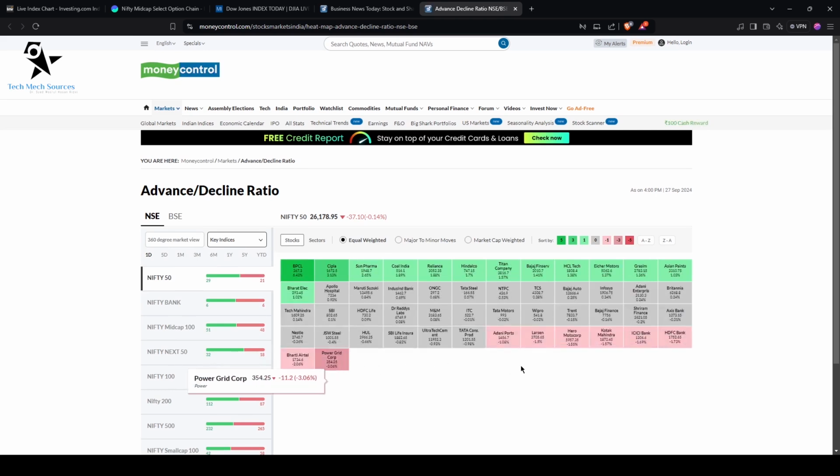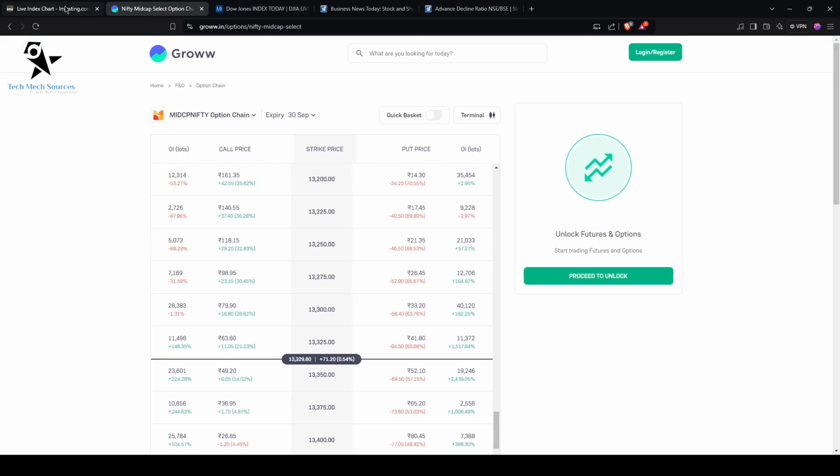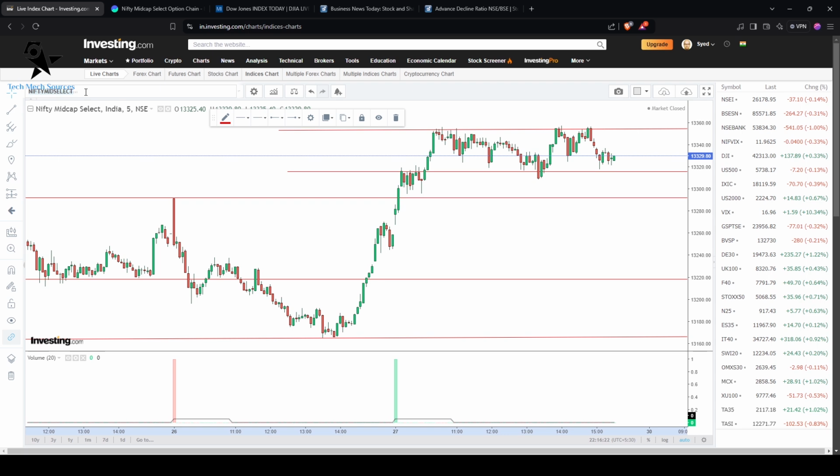So most importantly, we have to catch the advance and decline of the shares. Okay, here if you see the advance and the decline of shares, these are the most active shares, right? Most active stocks.